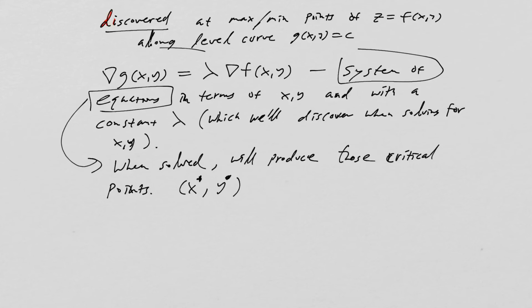We don't know exactly what value it is, but we can discover what its possible values can be in the process of this. So Lagrange multiplier: when we say that term, what we're really meaning is lambda. That is our Lagrange multiplier, okay? And we need to discover what that number is. All right, so let's go through and actually solve it.